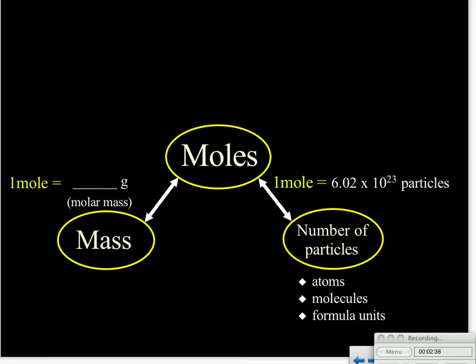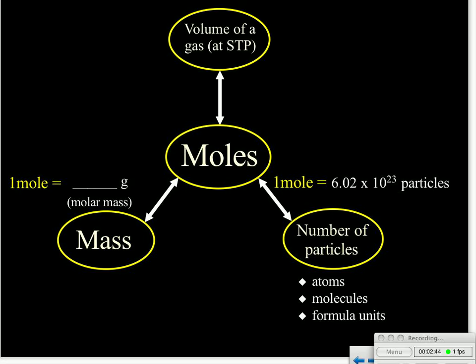The third quantity that we relate to moles is if we're talking about gases at STP, and STP just means standard temperature and pressure. It's not really important right now that we know what those conditions are.